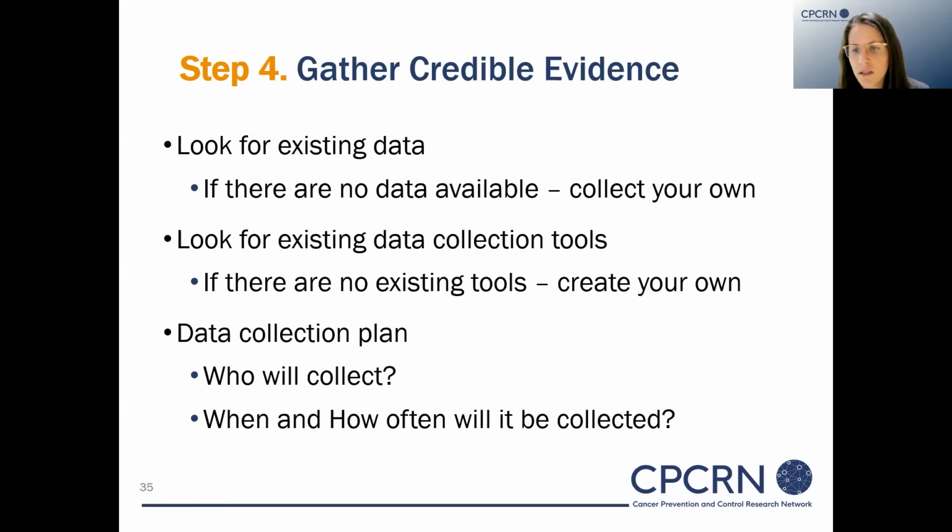This is often one of the more feasible options. It's a good idea to talk with your stakeholders or team members to identify what data is already out there and being collected. For example, in a lot of the work we do, we're in clinics, so there may be data that's already in the EHR or in some tracking logs that the clinic uses that will be helpful for the evaluation.